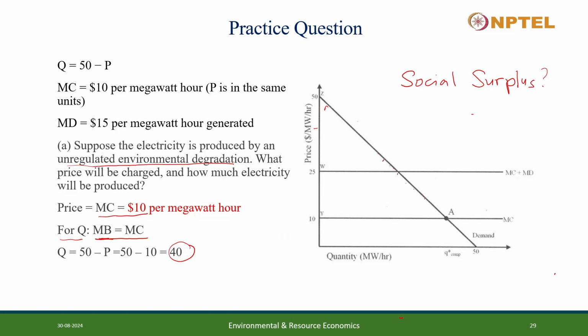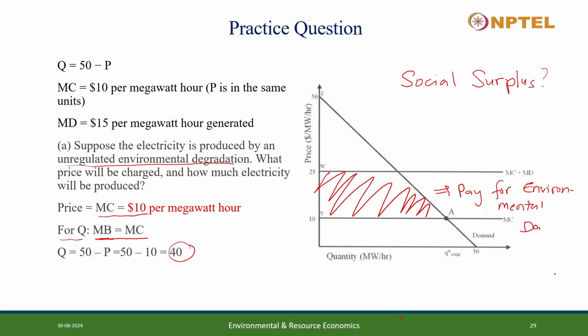So the answer here is, to find social surplus, we are talking about the society, right? So even though the consumer surplus is high, the society has to pay this much value for the environmental damage, right?